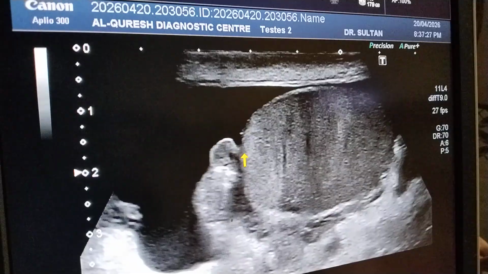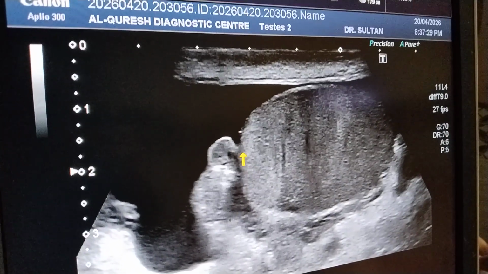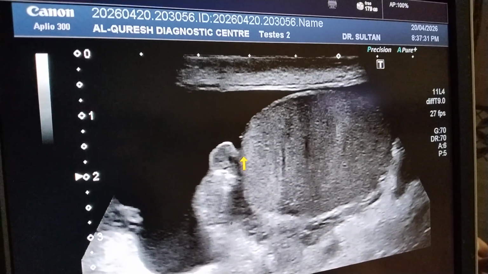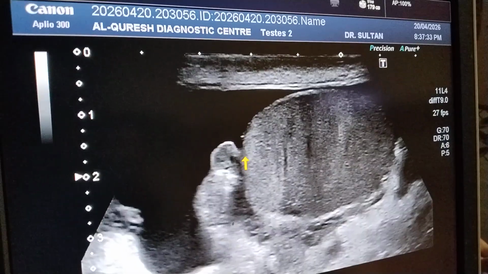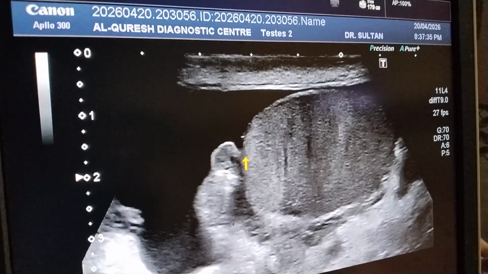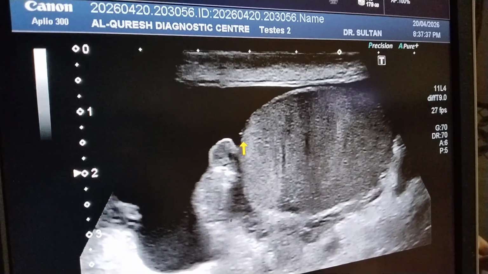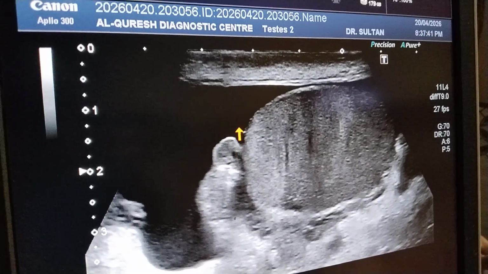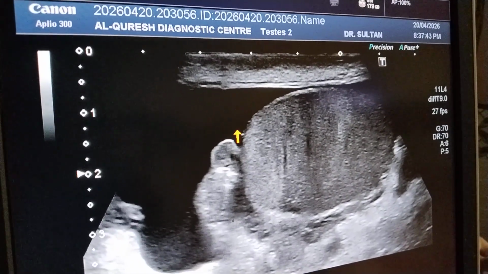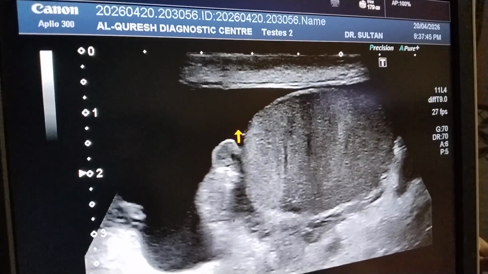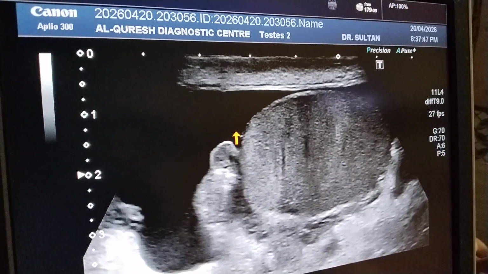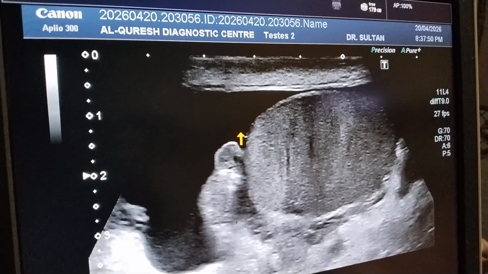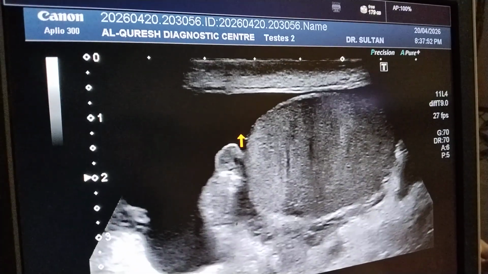It can be seen, I don't say it cannot be seen, but it is very difficult. However, when there is some pathology in the appendix of the testes, this appendix increases in size and changes its echotexture. And when there is a pathology, it causes intense pain.